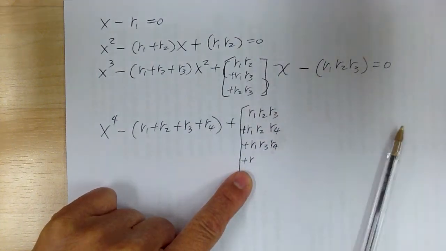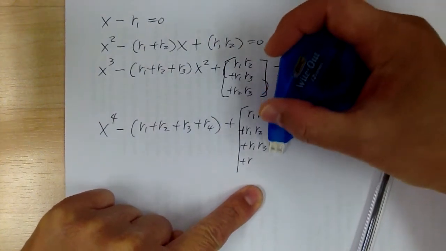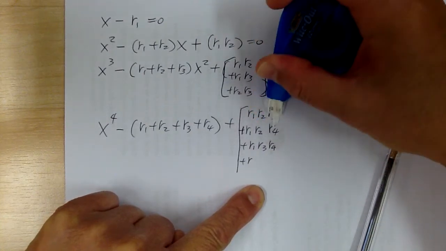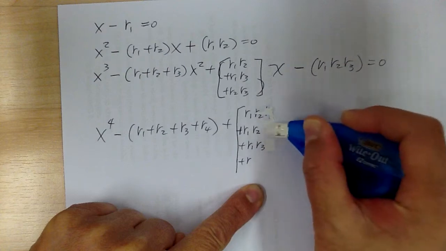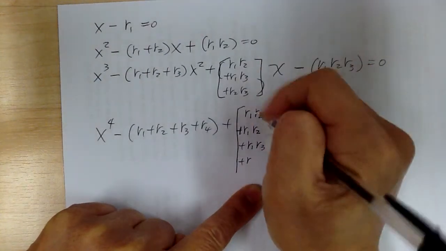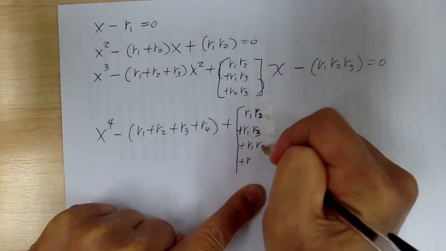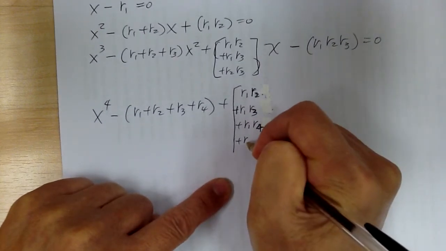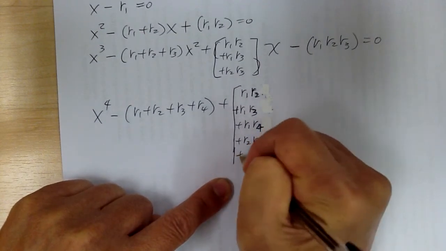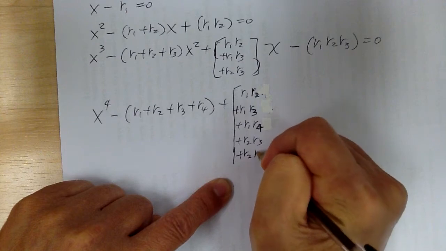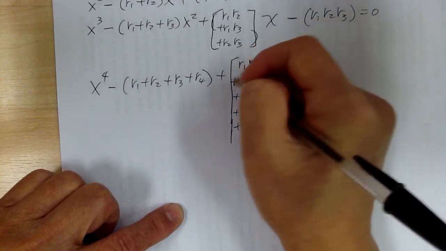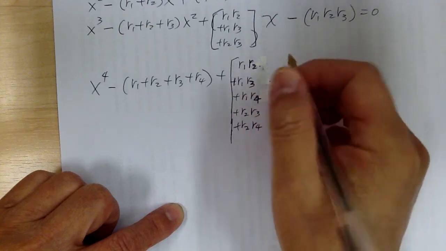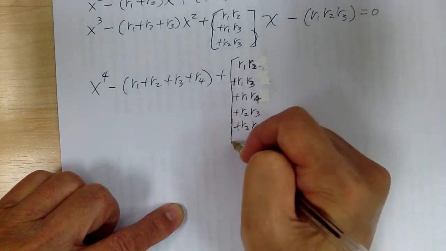Oh wait, this is not right. R1, R2, R1, R3, R1, R4, and R2, R3, R2, R4. Oh wait, R1, R2, R1, R3, R4, R2, R3.